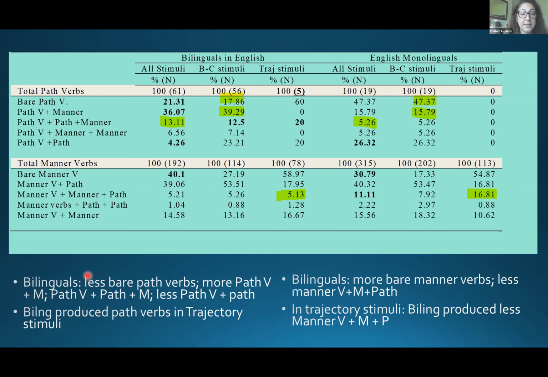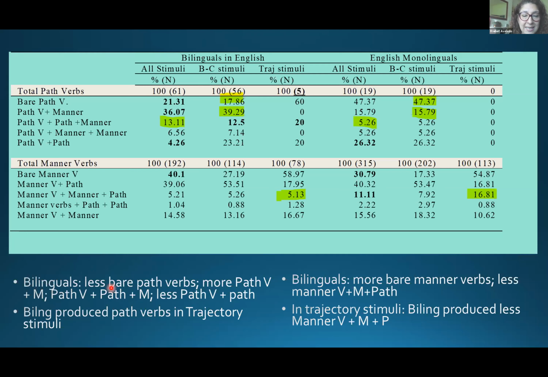compared to monolinguals are producing less path verbs, more path verbs with manner concept, which is of course typical from Spanish, more path verbs with other path verb and manner.